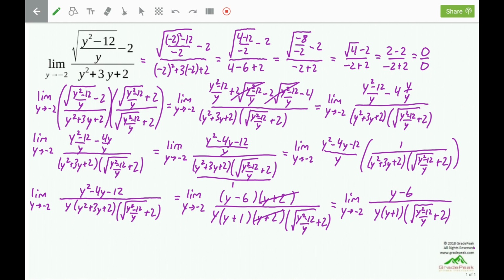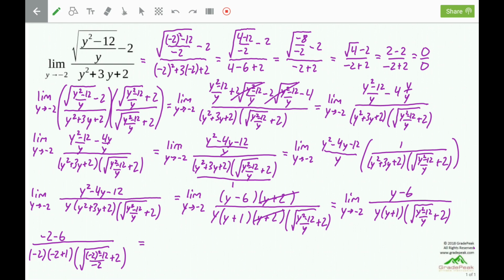Since we no longer have 0 over 0, we can now plug a negative 2 in for each of the y's. That will give us a negative 2 minus 6 all over a negative 2 times a negative 2 plus 1 times the square root of negative 2 squared minus 12 divided by negative 2, and then plus 2.